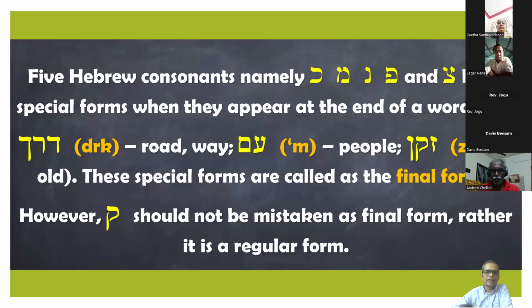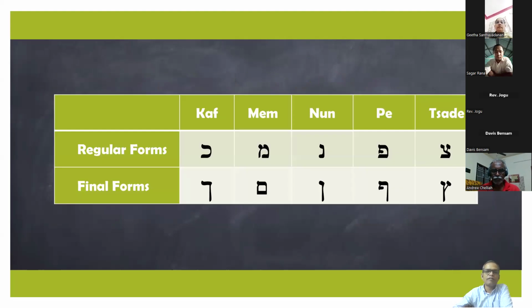Now, coming to another few letters, namely Kaf, Mem, Nun, Pe, Tsade. Kaf, Mem, Nun, Pe, Tsade. These 5 letters have a special quality.